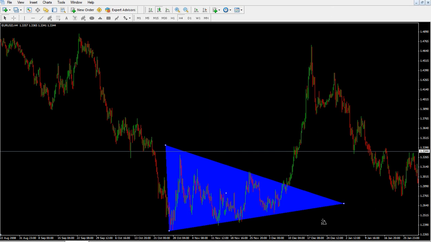So as a conclusion, I want to tell you that a pattern itself doesn't really tell about the next future direction or even the strength. We can expect from a big consolidation like this triangle that the next future movement to the downside or upside, like it happened here, might be big, because the size of this pattern was big as well.